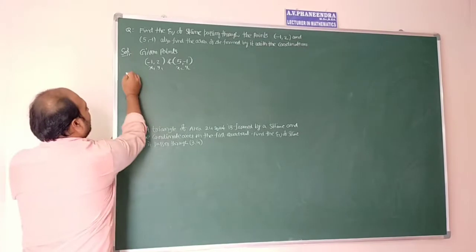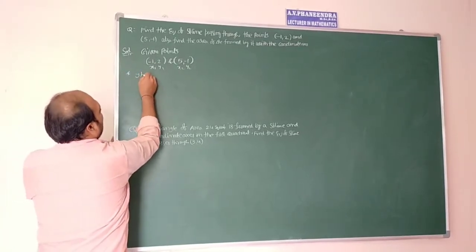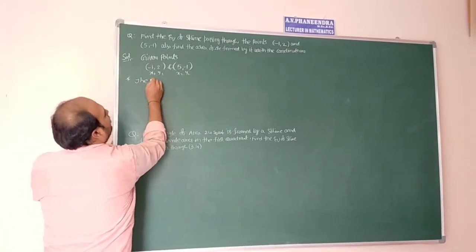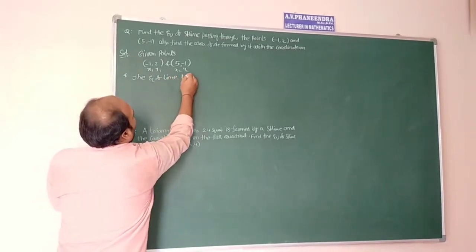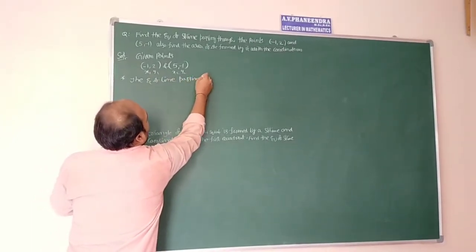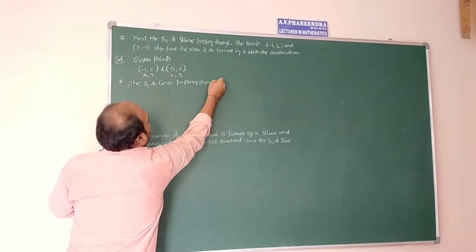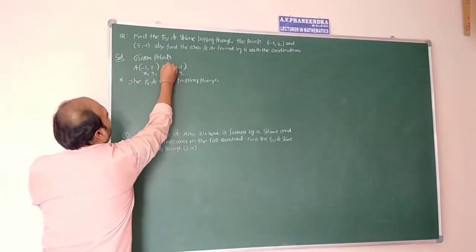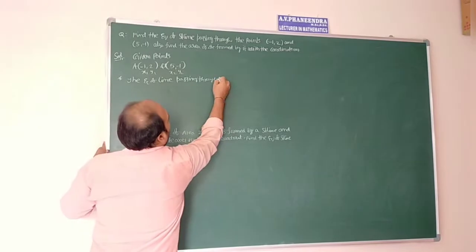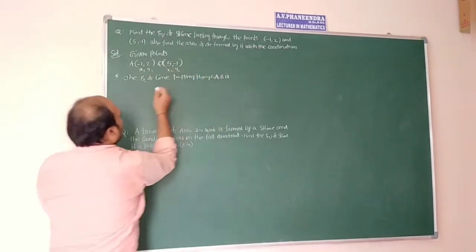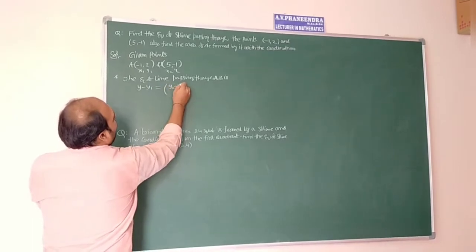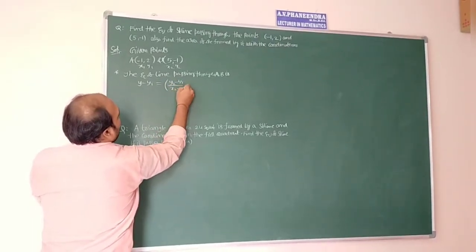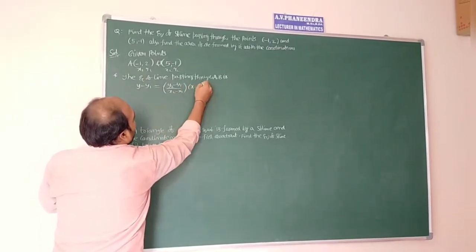What is the equation of line passing through these two? The required equation of line passing through, you can assume that A comma B is y minus y1 is equal to y2 minus y1 by x2 minus x1 into x minus x1.